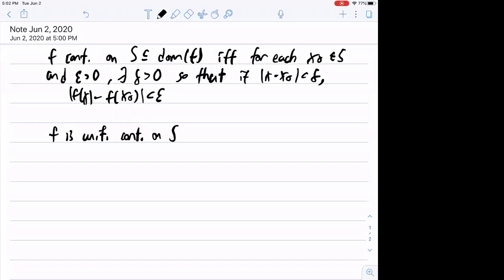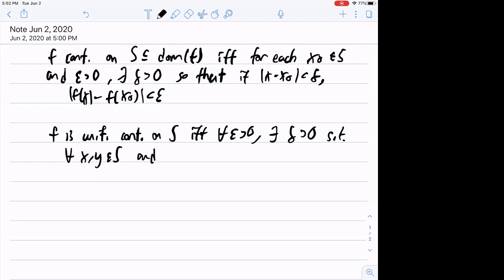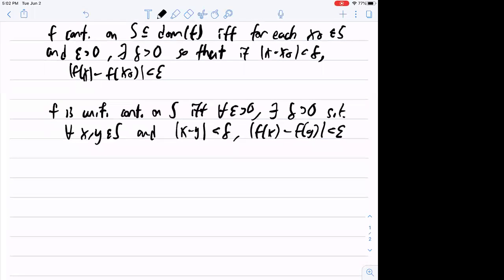On S, if and only if for all epsilon bigger than 0, there exists delta bigger than 0, such that for all x, y in S, so this is the part, right? There's a delta that holds for every point you choose. And if |x minus y| is less than delta, then |f of x minus f of y| is less than epsilon. So let's go over, maybe say, x squared on R. Let's see why this is not uniformly continuous.